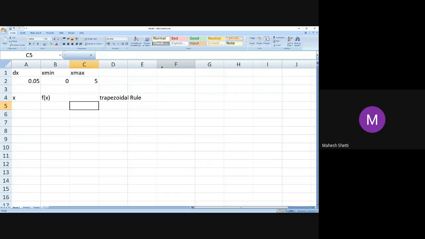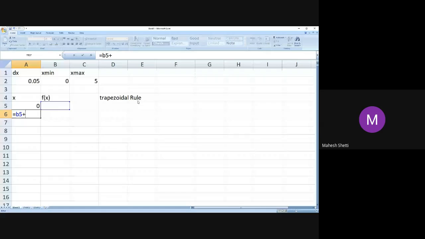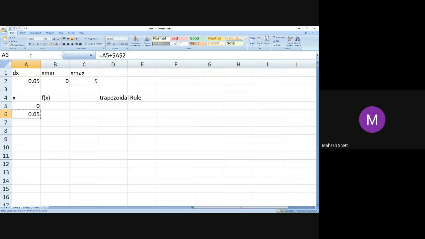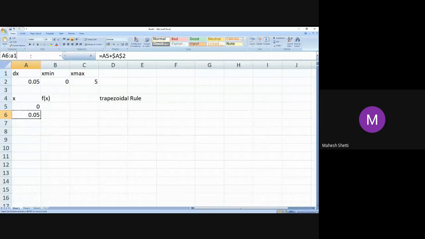And I have to write some interval. So I'm taking minimum here equal to A5 plus $A$2, and then I'm going to apply this from A5 up to A105.